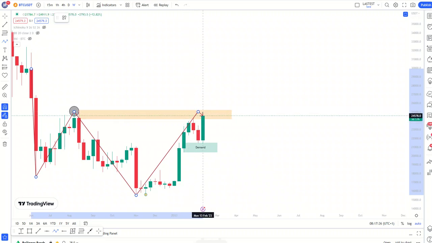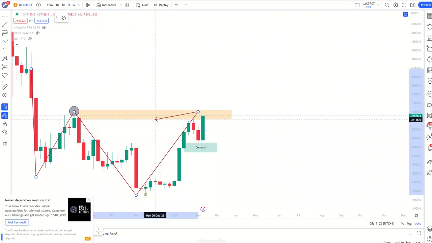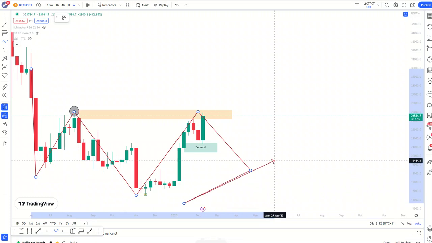This is the high we should be looking at, not this high. So we broke this high on a short term level, we are bullish. But on the major levels, we are not yet bullish until we break this particular high.